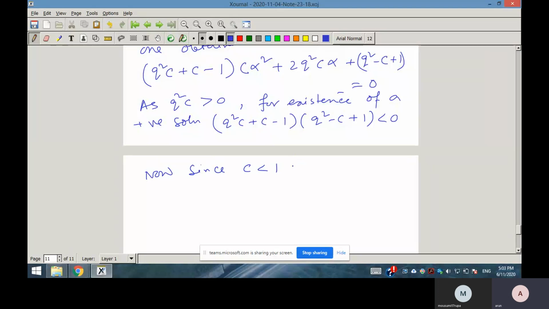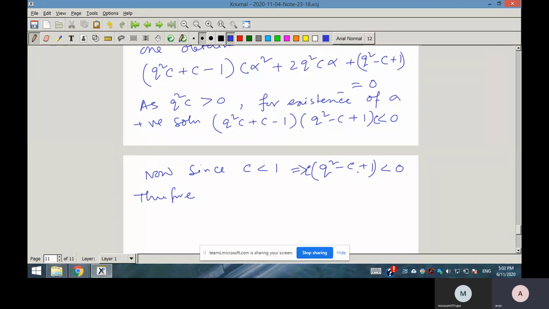So this implies, since C is less than 1, q square minus C plus 1 will be greater than 0. Therefore, here another C will be there, and this into C will be less than 0.